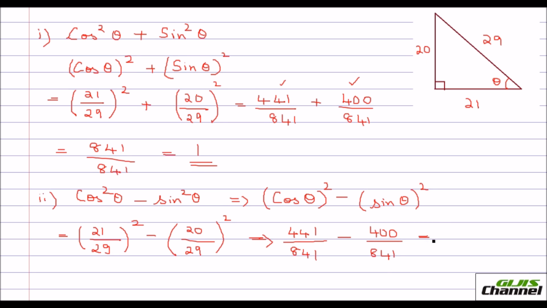Since the denominators are same, you can straight away put the denominator once as 841 and do what is being asked in the numerator. So that's 441 minus 400. So that would give you the answer as 41 over 841. So this is your answer.